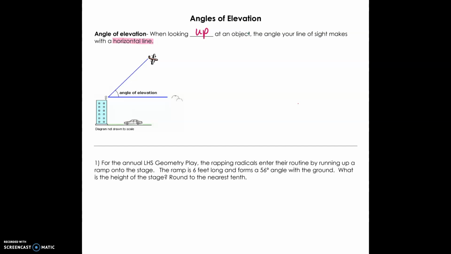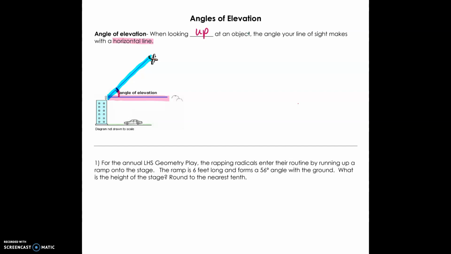So if we look at our picture below, here's our angle of elevation. It is being formed with this horizontal line here and the diagonal line of the person looking up to the airplane. So it's always formed between a horizontal line and a diagonal line.